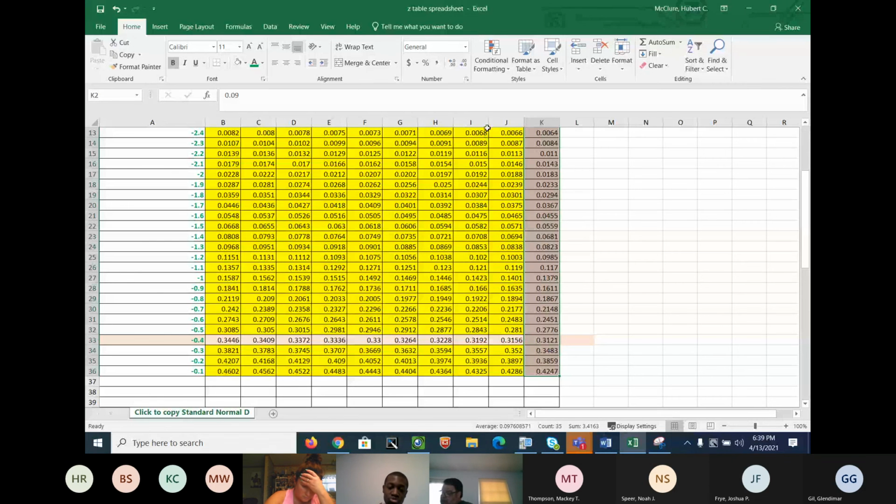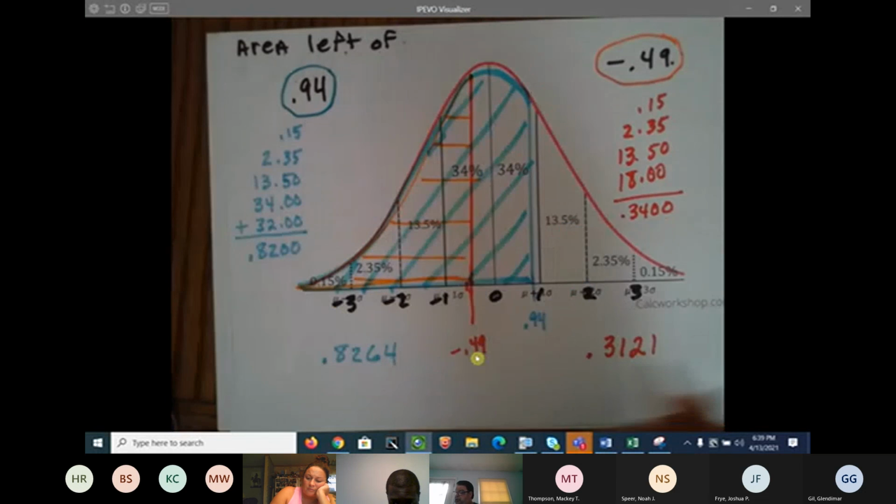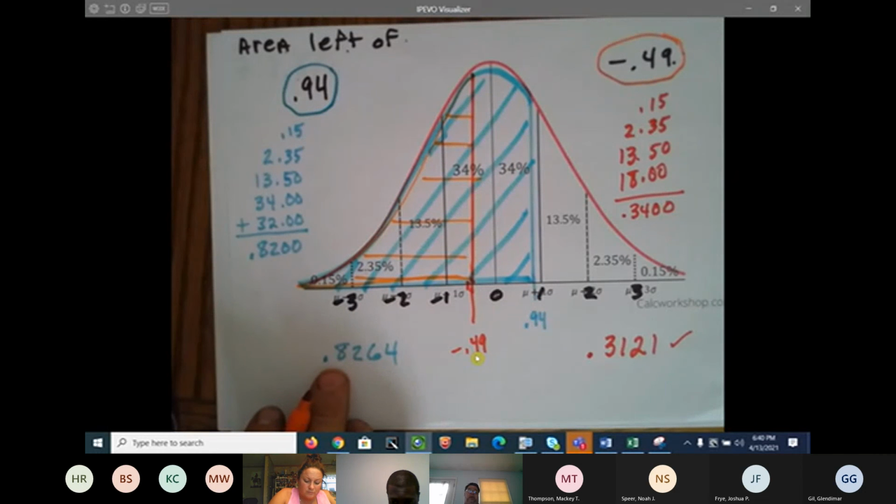All right, so by the table, 0.3121. Now look right quick. What did I have for the empirical rule? I had 34 and it came out to be 31, so that's pretty close. Here I had 0.82. Look at that, it came out 0.8283, so that's good.